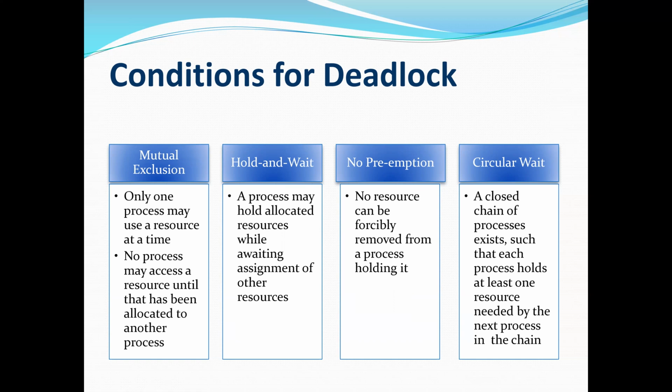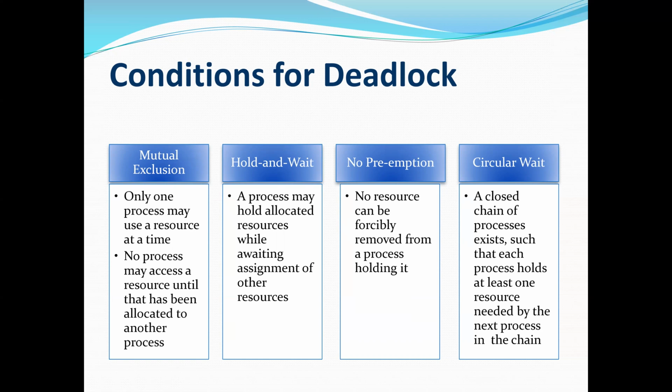No process may access a resource unit that has been allocated to another process. The next is hold and wait. So hold and wait: a process may hold allocated resources while waiting for assignment of other resources. Then we have no preemption. That's no resource can be forcibly removed from a process holding it.